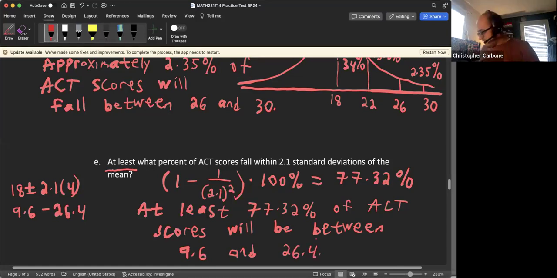Again, due to that "at least," that would be that Chebyshev's inequality that we talked about.